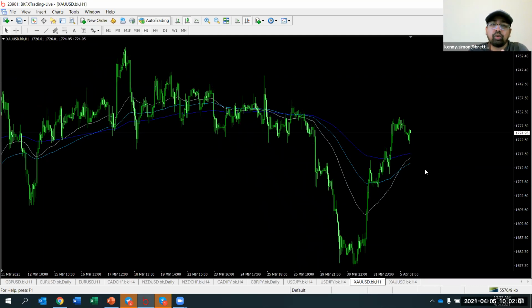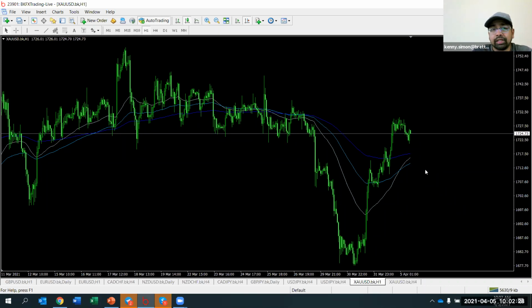But when you look at the fundamentals, there is very high expectation for the data in the US to be more positive. So they may be gearing up for a big push onto positivity and making USD go up quite a lot. So if USD goes up quite a lot, naturally gold might fall, right?